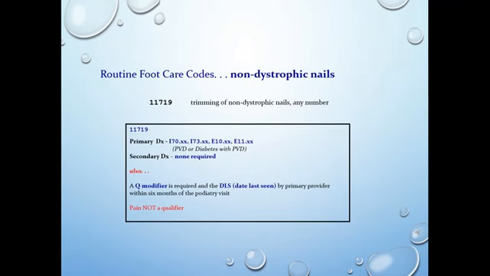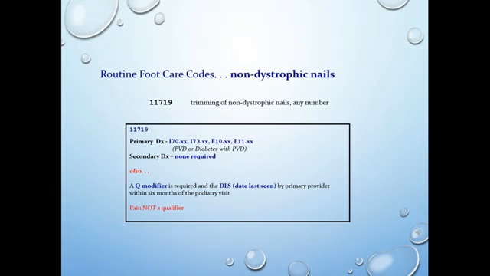Non-dystrophic nails, 11719. Again, using that Q modifier and making certain that you have some type of at-risk foot care as that primary diagnosis. Of course, no mycotic nail diagnosis here, so B35.1 won't be seen here.